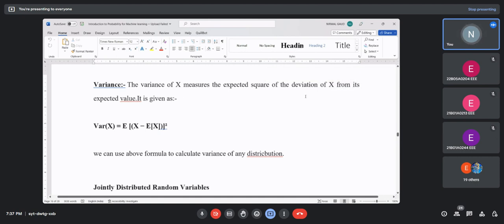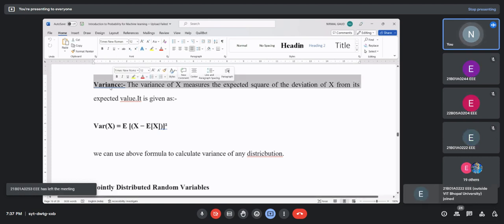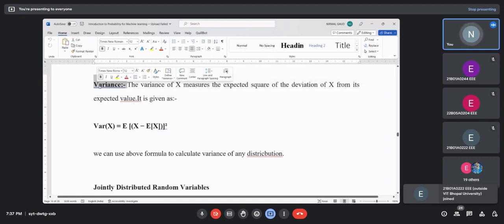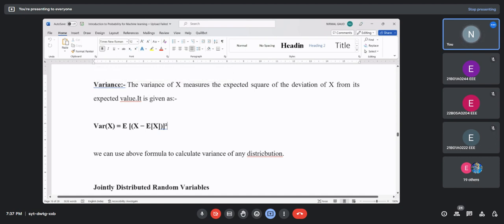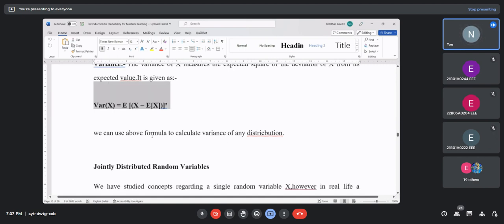If there's a deviation of the value of the random variable from its expected value, that's called the variance. The English word itself means the same: variation, change. So the variance of X measures the expected square of the deviation, which is E[(X - E[X])^2]. That is the formula for the variance, and it is used to calculate the variance of any distribution.